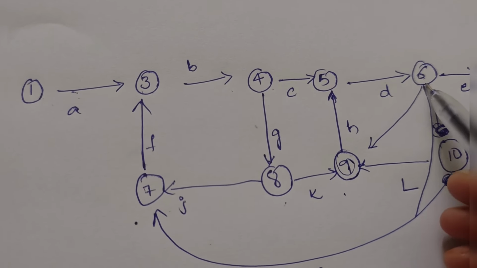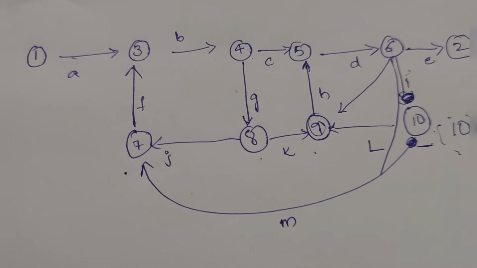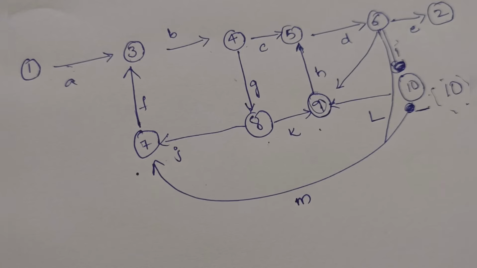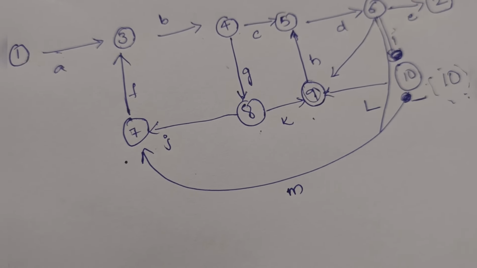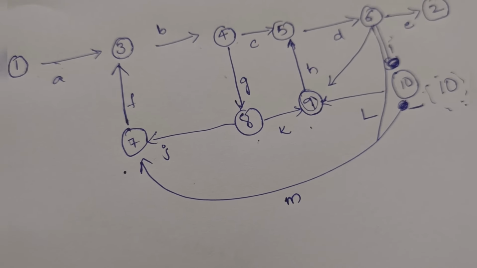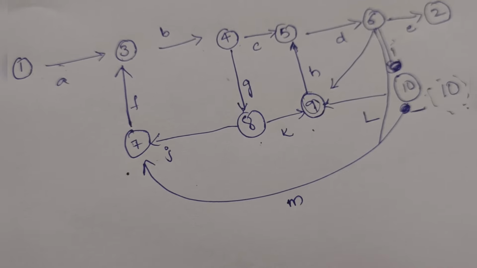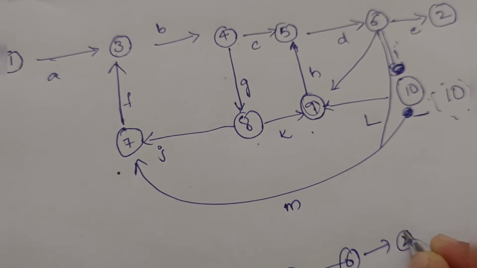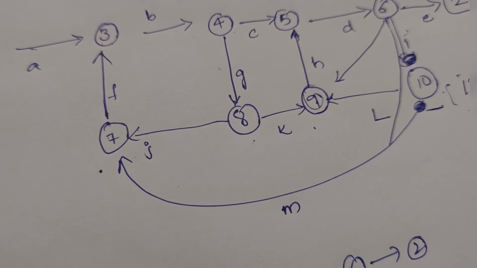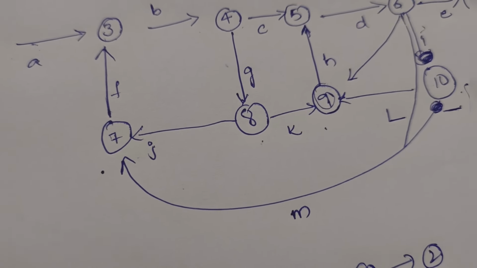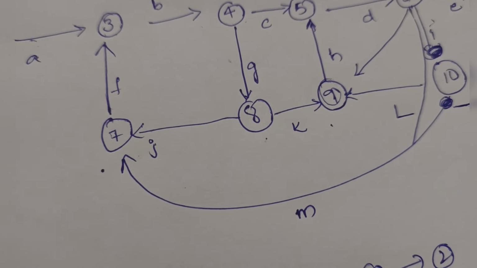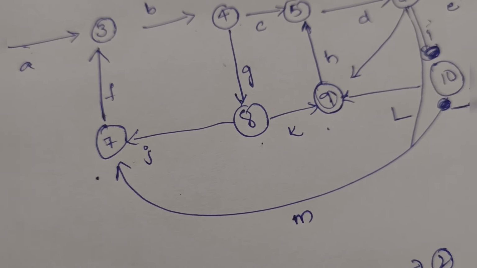I will rewrite this graph once again. 1 2, this is the same. But here we remove 10 and we remove 9 now itself, and we have 8 and we should remove this 7.